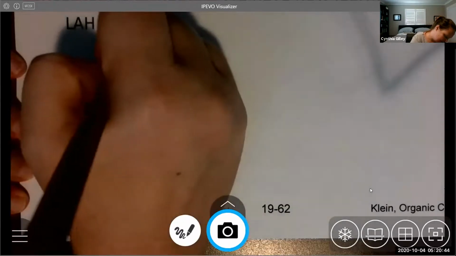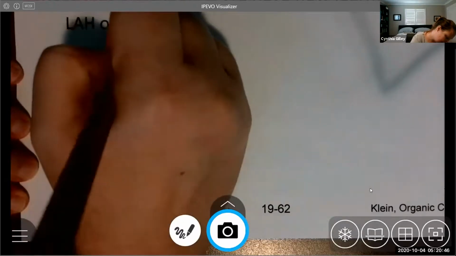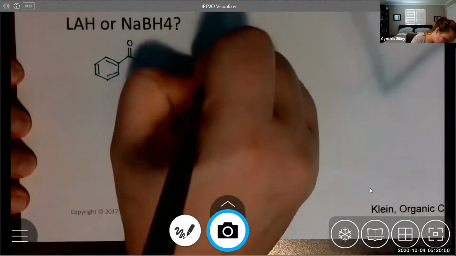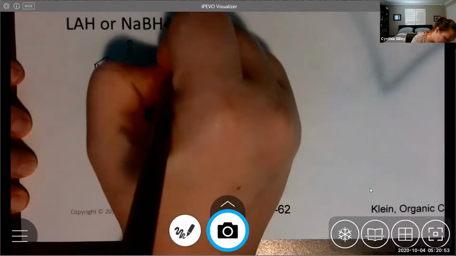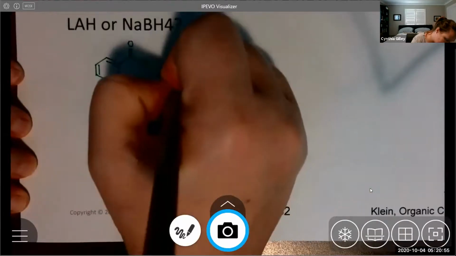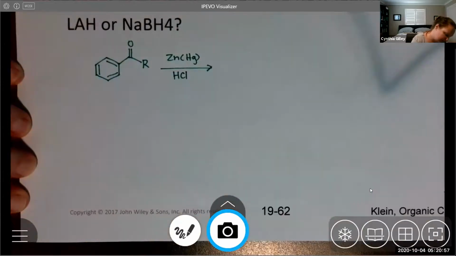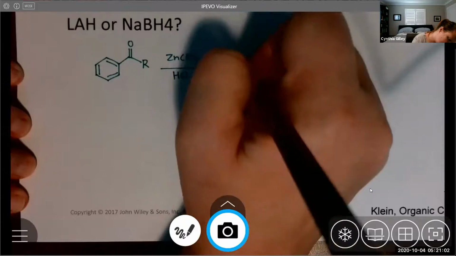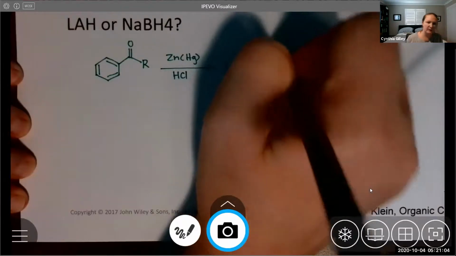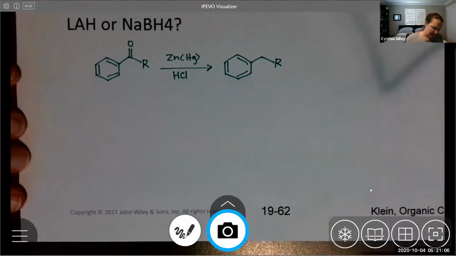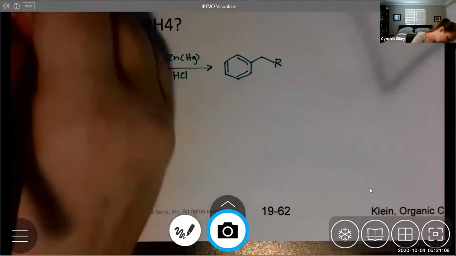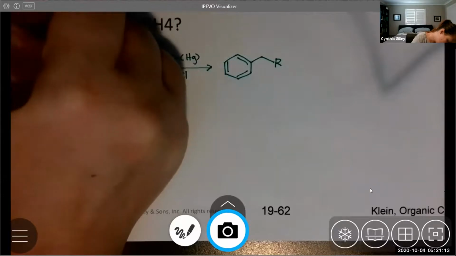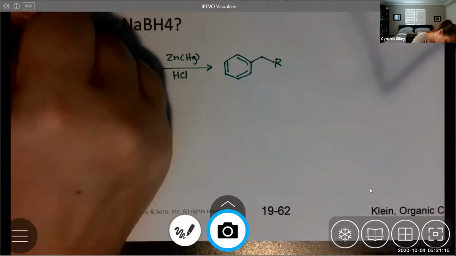After Friedel-Crafts acylation, we can do a Clemmensen reduction that utilizes a zinc mercury amalgam with HCl and reduces the carbonyl completely, right down to an alkane. So again, this one is called the Clemmensen reduction.